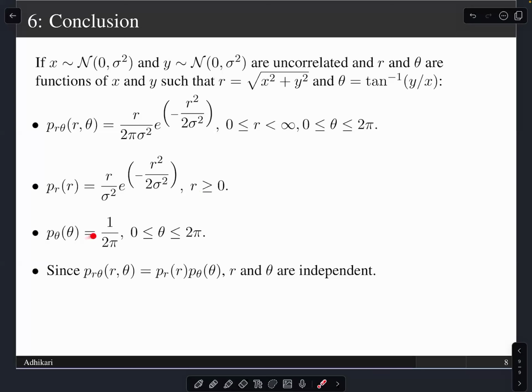And the PDF of theta is uniformly distributed, given by this. Also, we can note that this PDF can be factored into the marginal PDFs of r and theta. Since this is true, we can conclude that r and theta are independent.